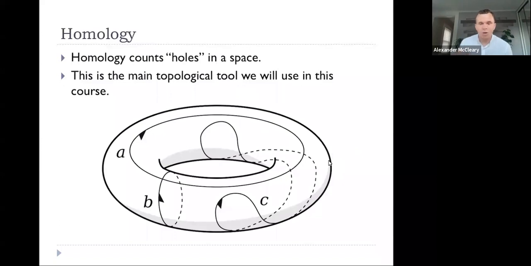So what homology is going to do is give us a way to measure those holes, or not their size, but how many holes there are. On this example here, we actually have 3 different holes. We have this hole right here that goes around the donut hole in the middle, but we also have this hole right here because it's hollow inside. And then we have another hole.